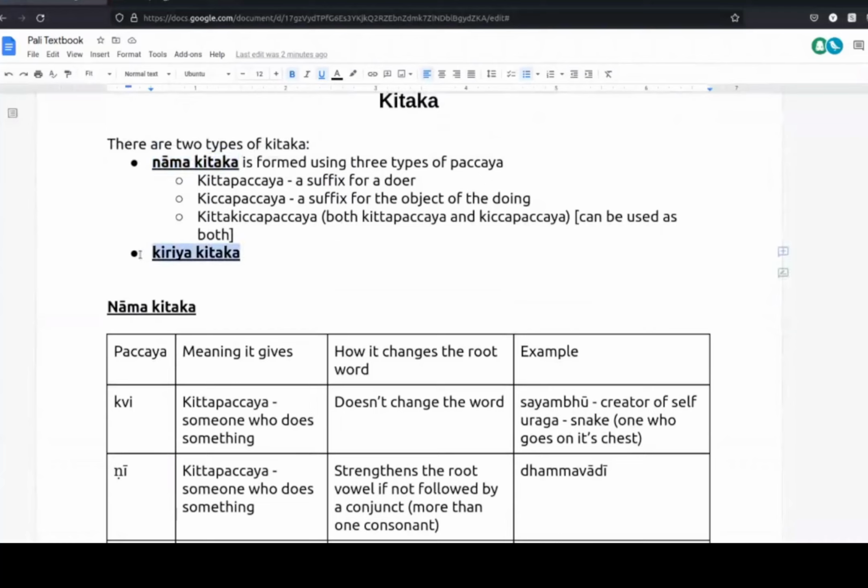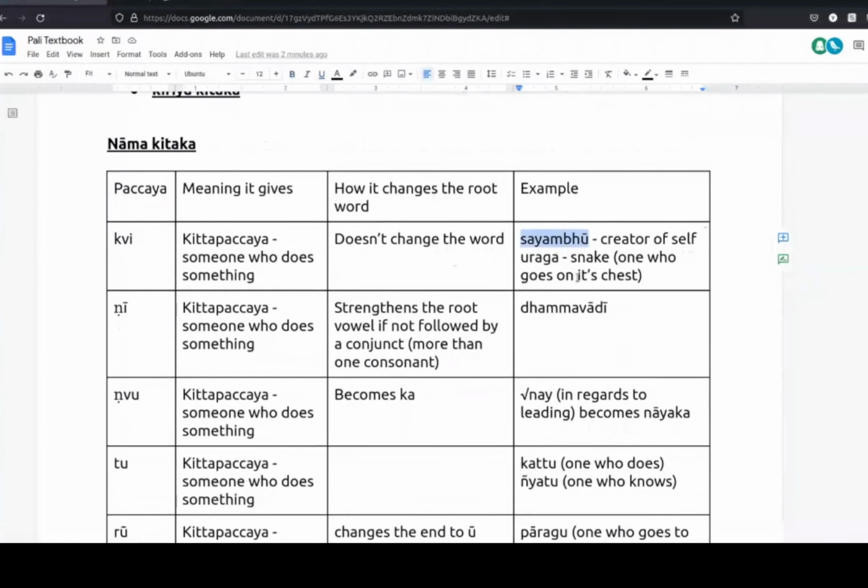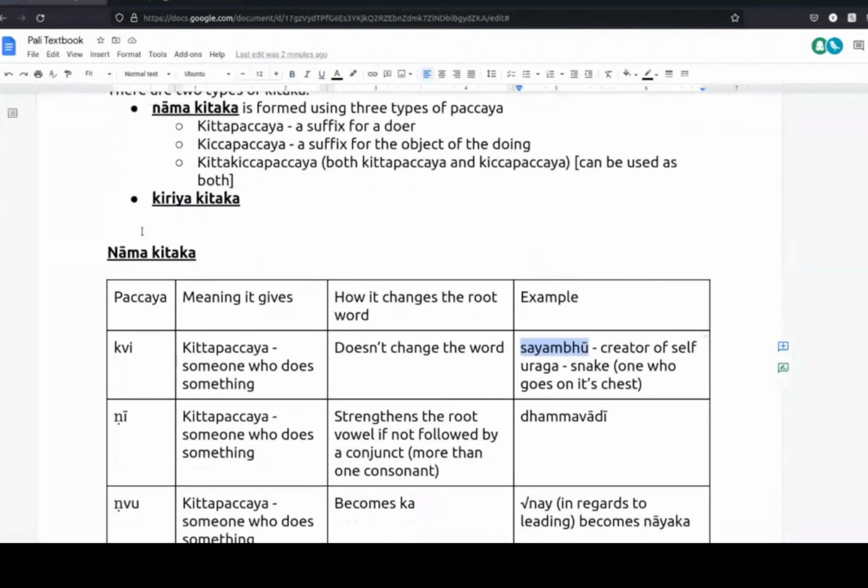Sorry, these ones are not nama, are they? Well, yeah, they could be nama. The point is not whether they are nama. The point is that they end up having the function of a participle. These ones take on the function of a thing, right? So a sayambu, this word refers to a person, and so on. Okay. All right.